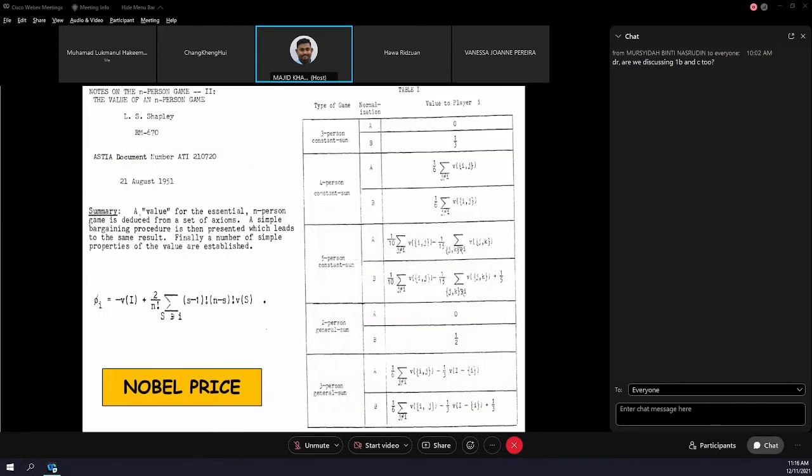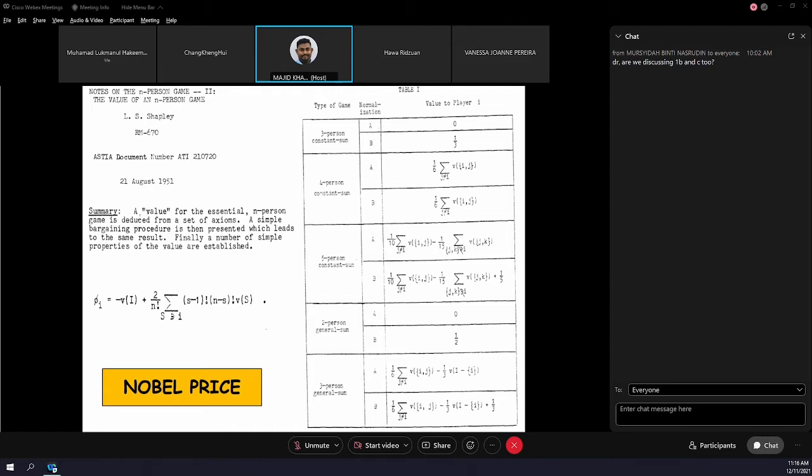And this is the thing that we will learn next week from Shapley. He also managed to prove that in n-person games, when they go to 3 and more players, they will start to have combinations. So that's why I will teach you the Shapley value. The Shapley value is a value for essential n-person games deduced from a set of axioms.